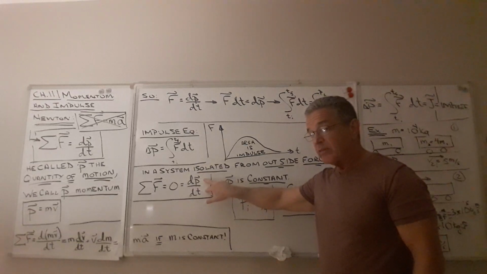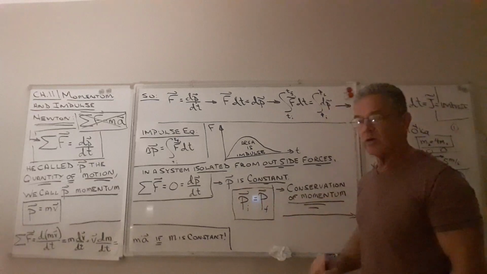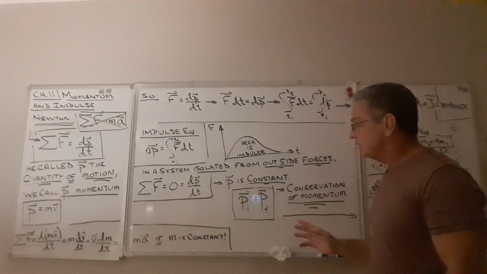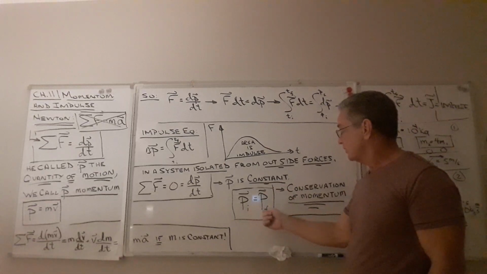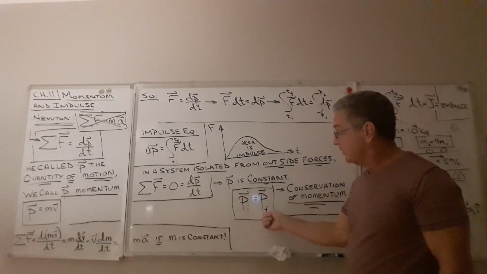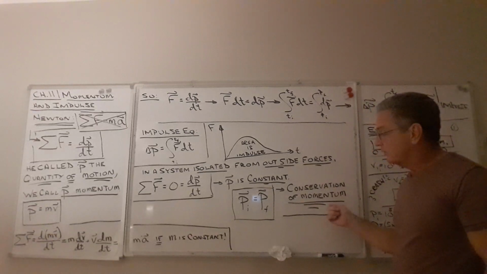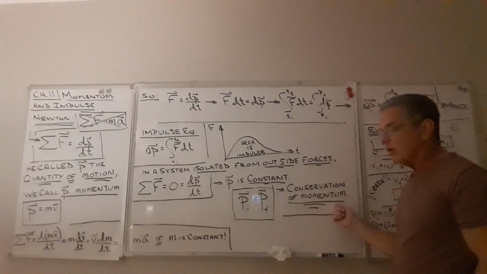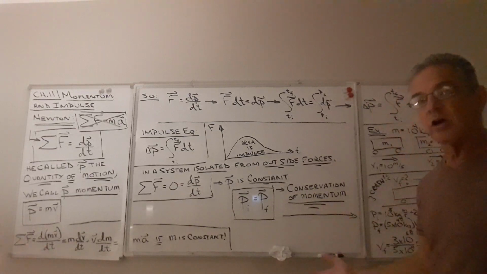So if the derivative of the momentum is equal to 0, that means necessarily that the momentum itself is constant. So in an isolated system, if the momentum is constant, then the initial momentum is equal to the final momentum. And now this is conservation of momentum. So this is how you arrive at the law of conservation of momentum, one of the fundamental conservation laws in nature.